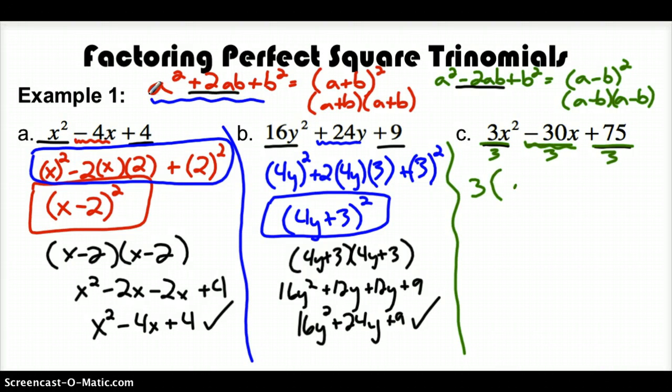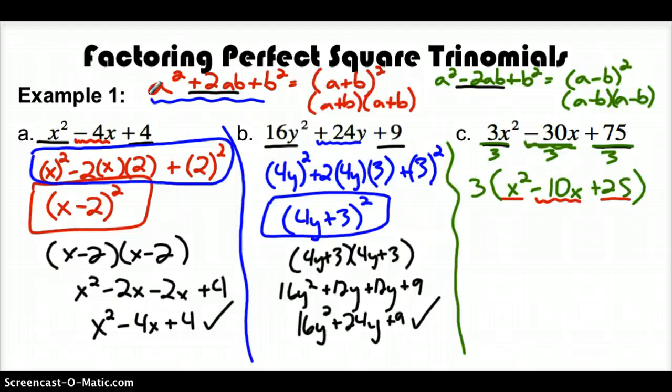This gives me x squared, 30 divided by 3 is 10, so minus 10x, and 75 divided by 3 is 25, so plus 25. Now I can see that x squared is a perfect square and 25 is a perfect square, so I'm good to go.